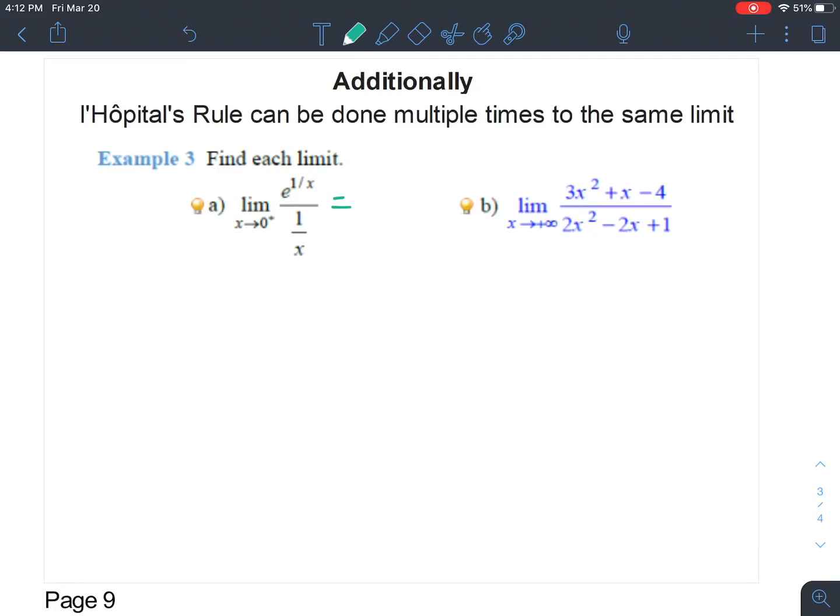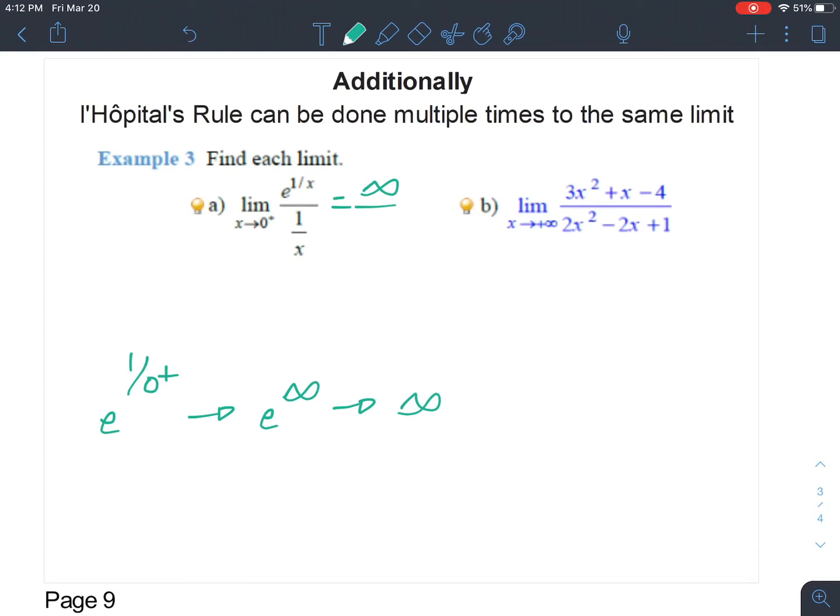So I'm going to just do my work down below. If we put in 0 from the right-hand side into this fraction, well, we remember back from term 1 that 1 over 0 from the right-hand side is supposed to be equal to positive infinity. And then e to the infinity power is infinity.